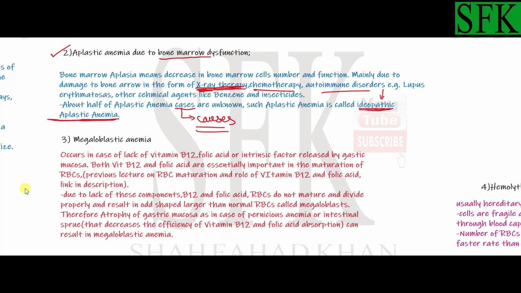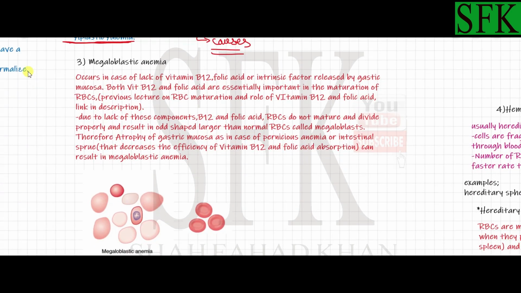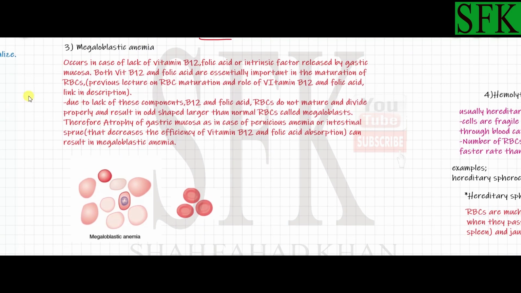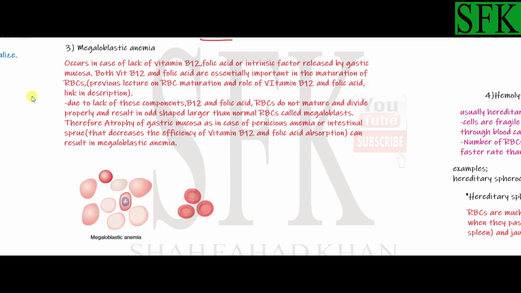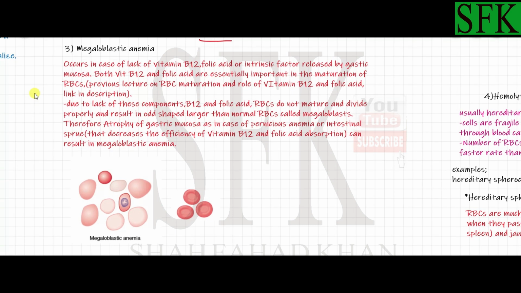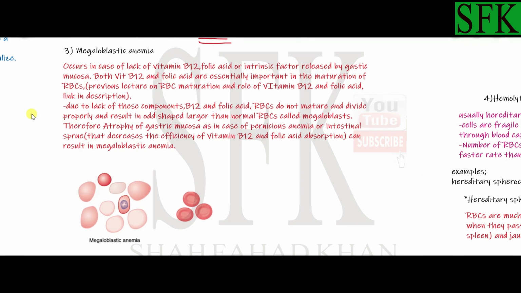Okay, the third type of anemia overlaps with our lecture on vitamin B12 and folic acid that we did in the last few lectures. We talked about the role of vitamin B12, folic acid, and the intrinsic factor, while discussing the factors needed for the maturation of red blood cells.